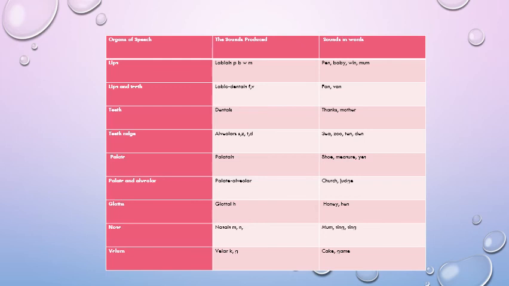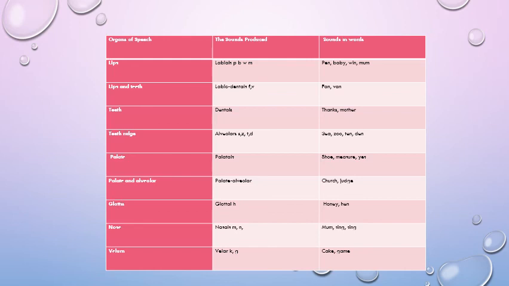Now, let us see how we should call these as the organs of speech and the sounds produced. So when we use lips, we call the sound labials. When both the lips and teeth are used, it is labiodental. If both the upper lip and the lower lip are used, it is bilabials. Okay. Then teeth, it is dentals.